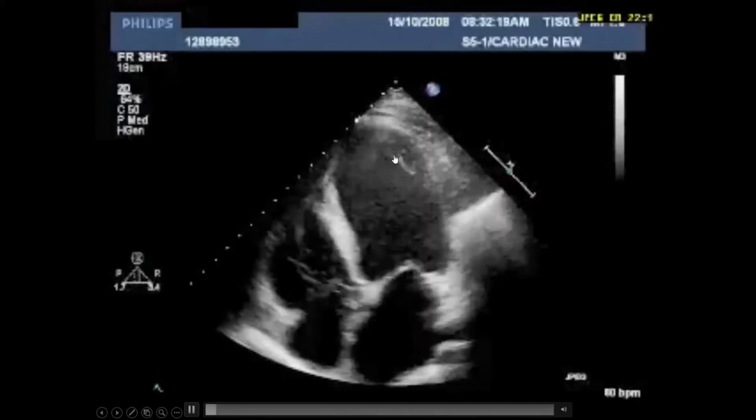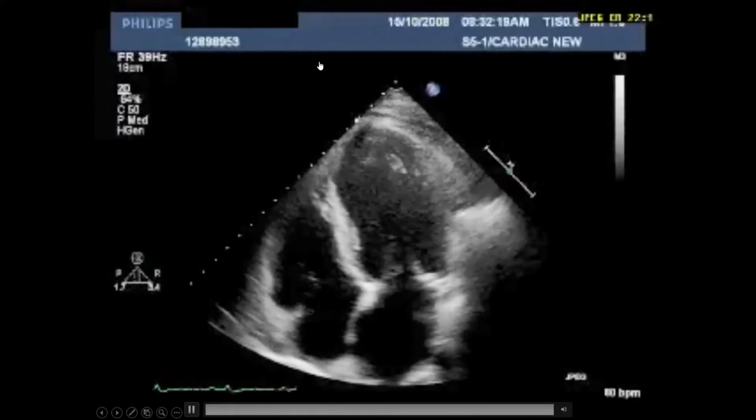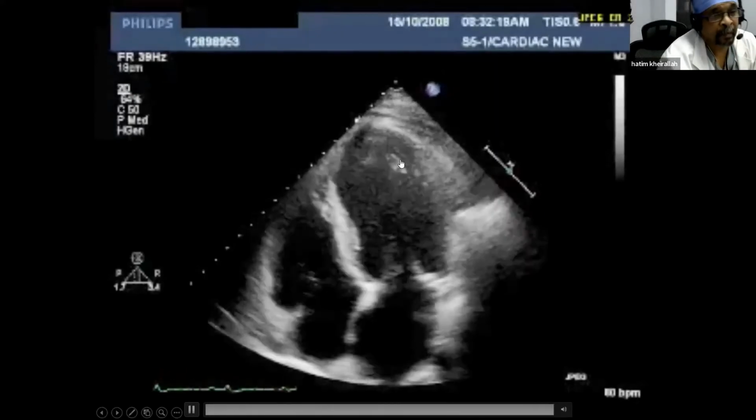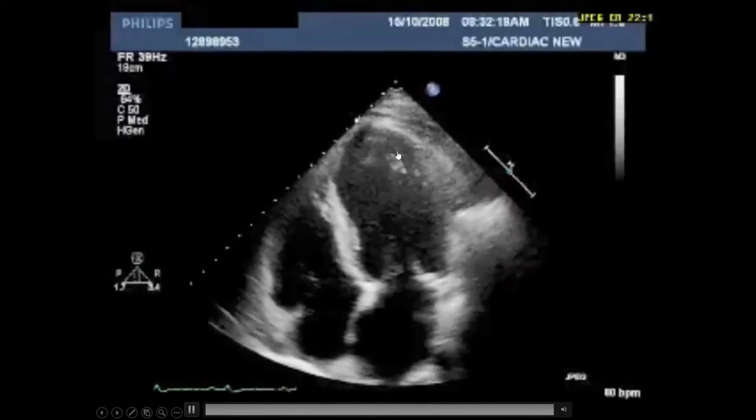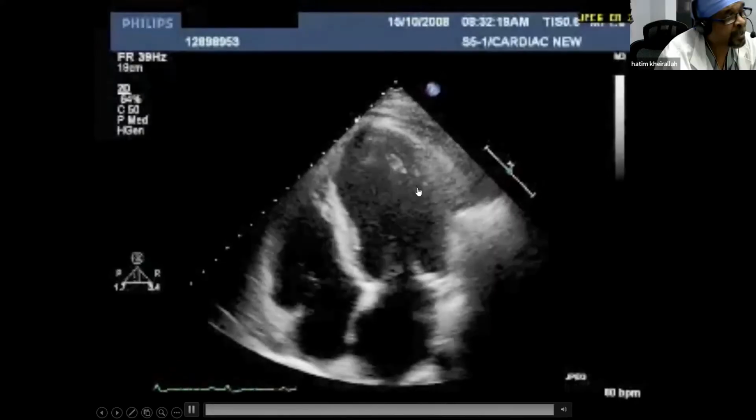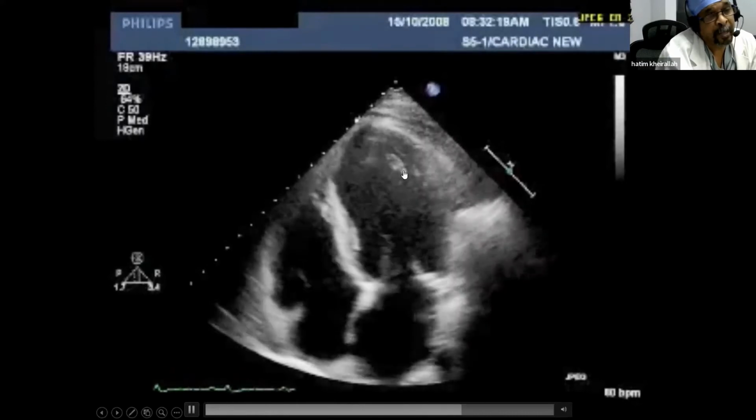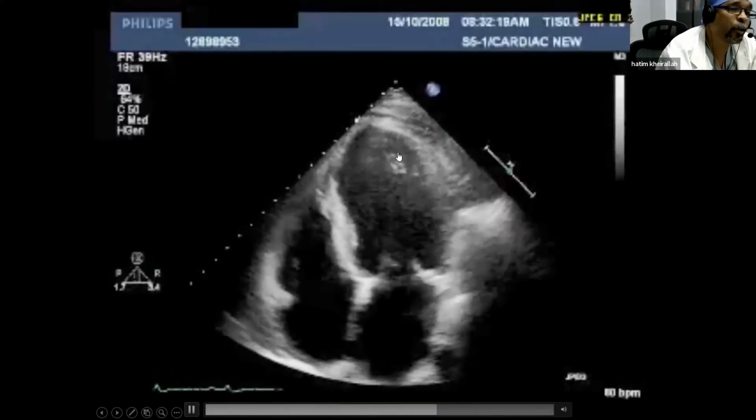It's good that you suspect thrombus whenever you see something like this, but if you say this is a thrombus categorically, you might not be right. Thrombus cannot be ruled out, and you need a further focused view on the apex, and you might also need to do contrast echo.